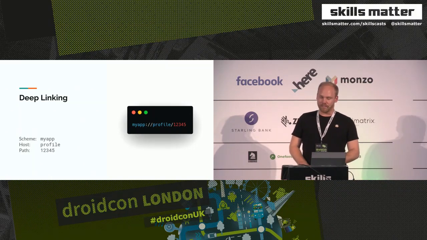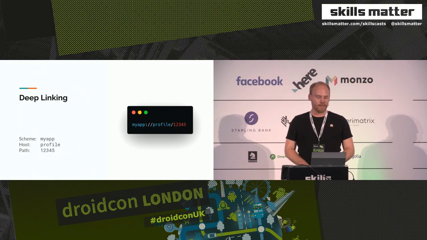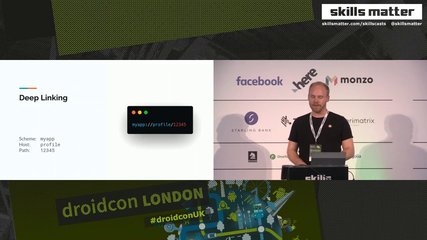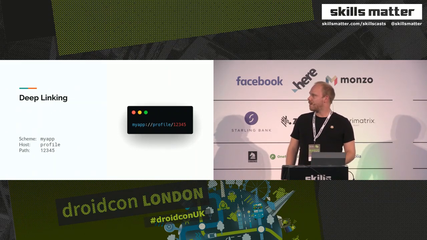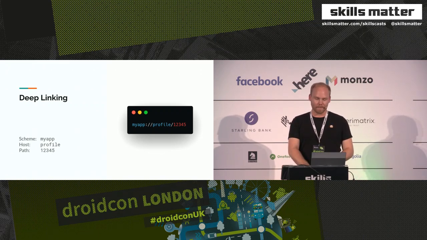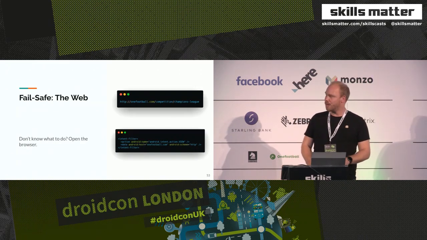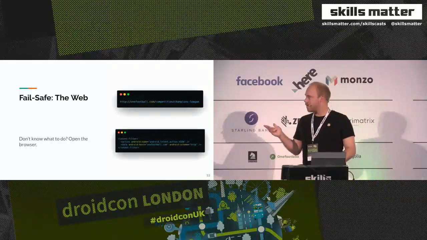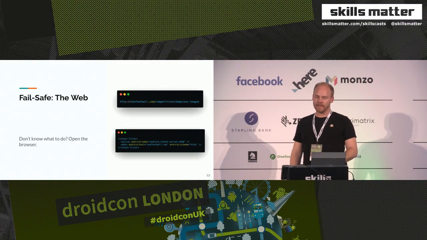We can create deep links in different forms and shapes. We can use all parts of the URI scheme. In this example, we are taking the user to a profile and we are passing on the ID of the target user. In this example, we are using HTTP as a scheme. This is still working if we talk about deep links. As you can see on the bottom, we are registering the application to receive an intent that is going to view our website.